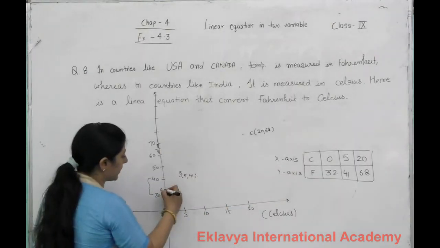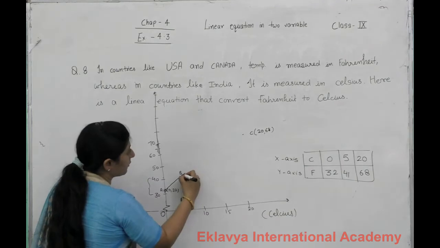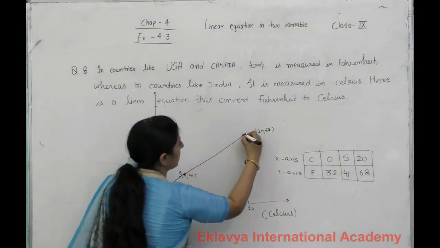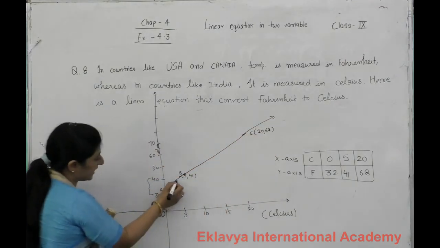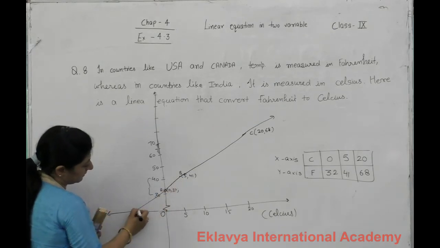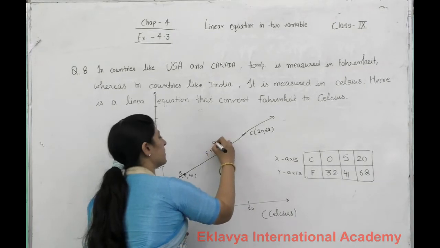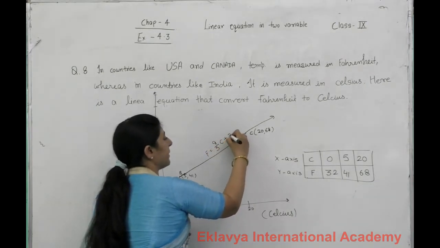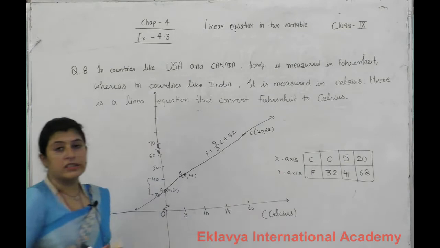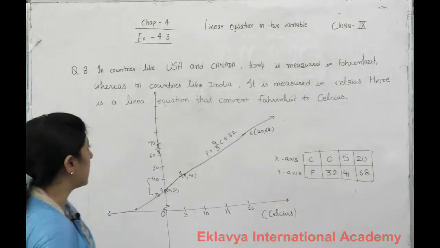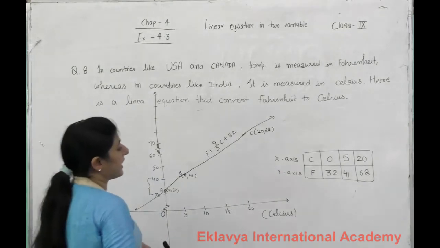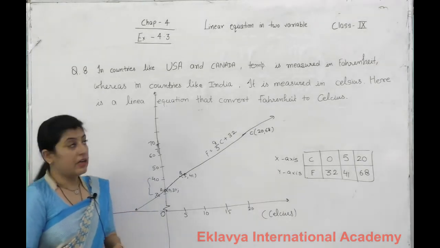Now join all the points. When you properly draw on graph paper, then you will get a straight line. Then we can write, this is the equation F is equal to 9 by 5 C plus 32. This time we have drawn a graph between Fahrenheit and Celsius.